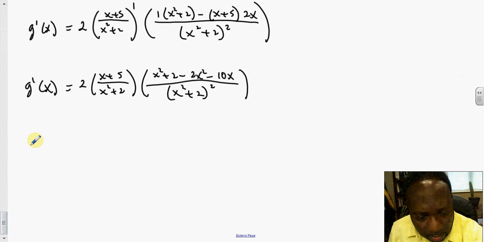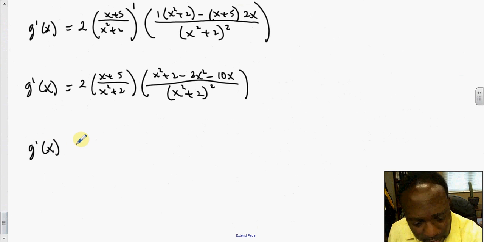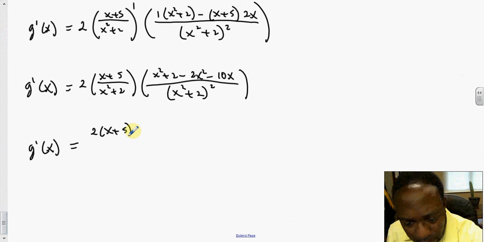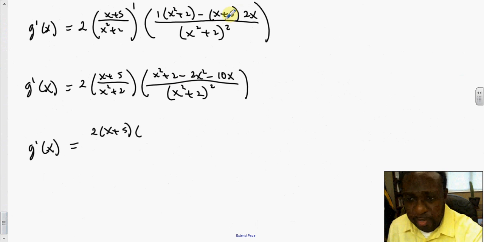So now we can simplify further. This is g prime of x, and this is 2 times x plus 5. And we simplify this expression, so we have a 2 there. Make sure that's correct.